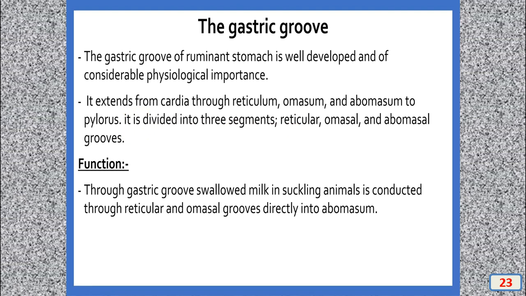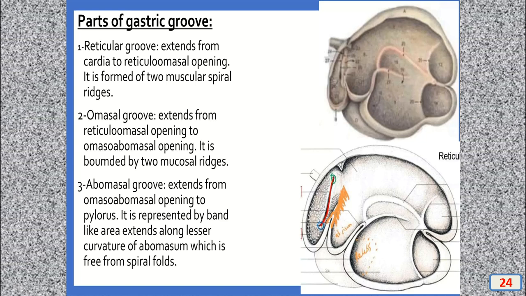With this gastric groove, swallowed milk in a suckling animal is conducted through the reticular and omasal groove directly into the abomasum. So this sends the milk directly to the abomasum for proper digestion in a calf, due to the suckling reflex.